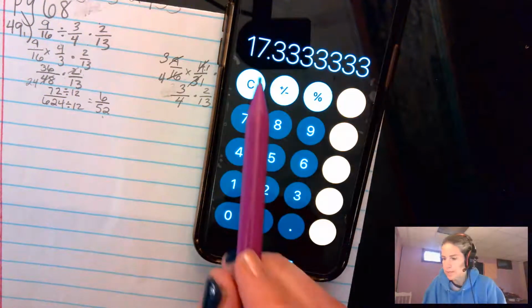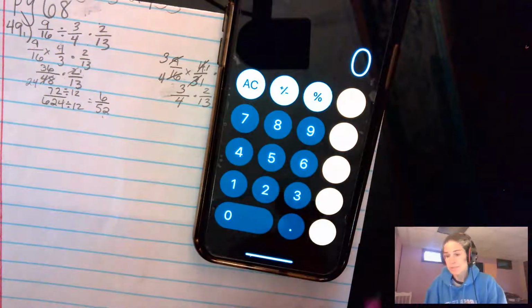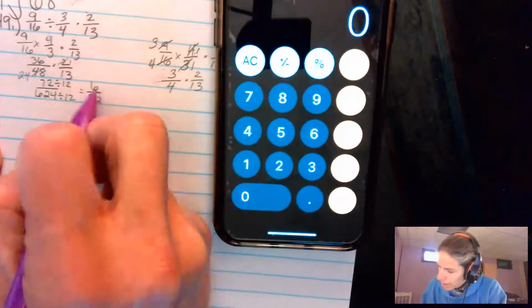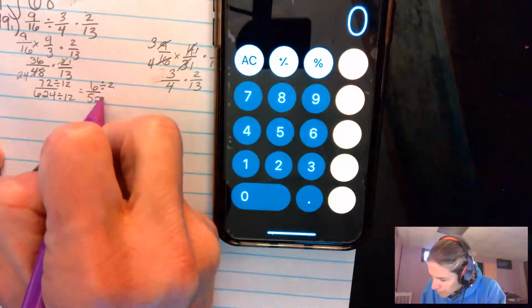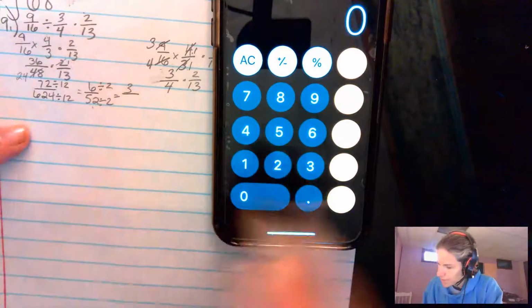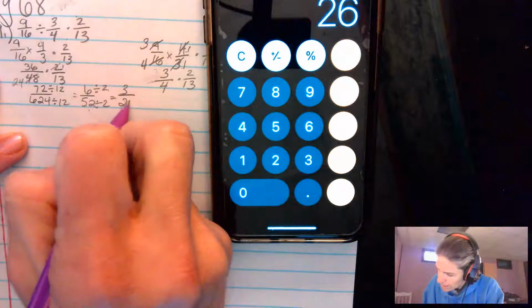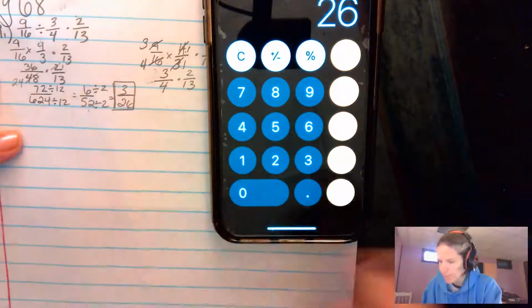Nope. See how those remainders? It doesn't go evenly, so you can't use that. But you can still use 2. So, if I'm going to divide this by 2 and this by 2, 6 divided by 2 is 3. 52 divided by 2 is 26. And here I'm going to end up with 3/26.